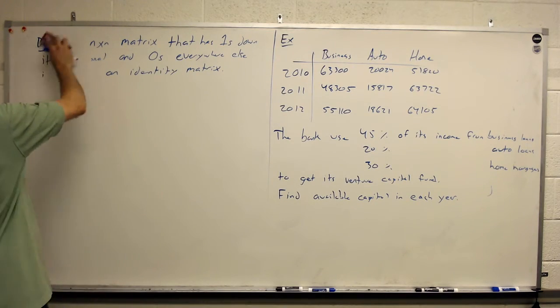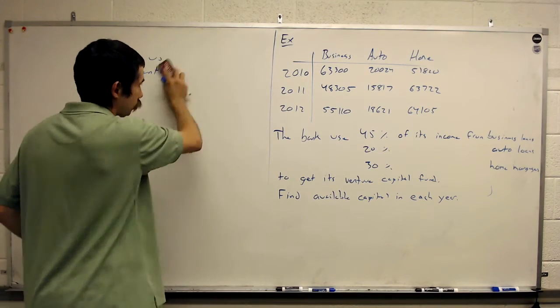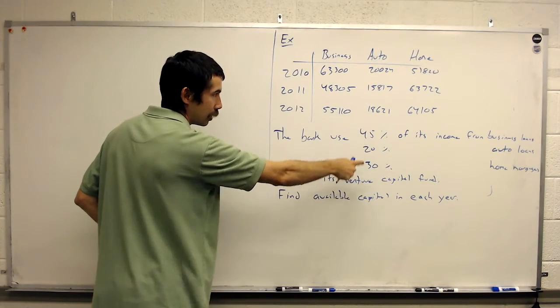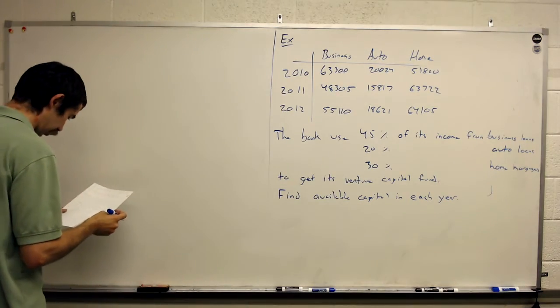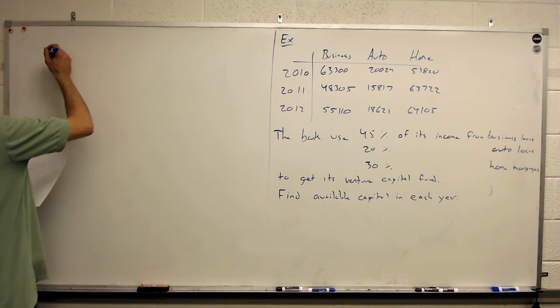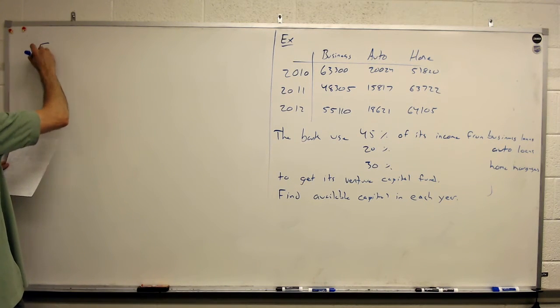All right, so let's make a matrix with our values here, and then we're going to multiply it by these percentages. So we have the income matrix.